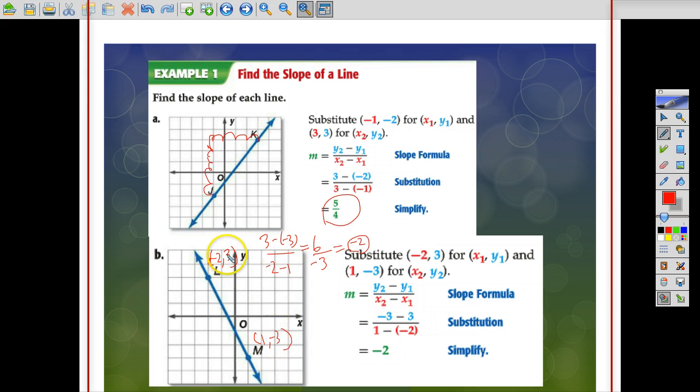They did negative 3 minus 3 for the top, and then 1 minus negative 2 at the bottom, and you still end up with the same slope, negative 2. You could have also counted how many you rose: 1, 2, 3, 4, 5, 6. You rose 6, and you ran to the left, so it's going to be negative. 1, 2, 3. Again, negative 6 over 3 is negative 2. So with any one of those three methods, you find the same slope.